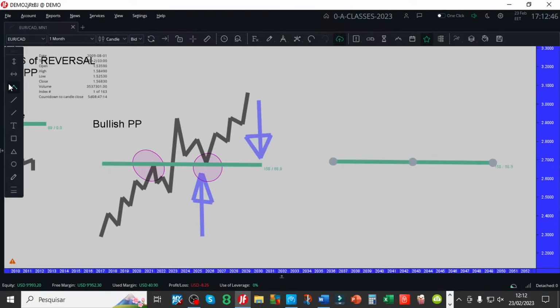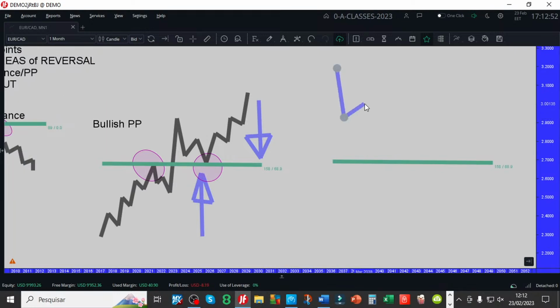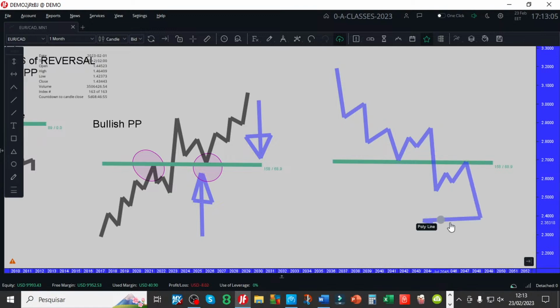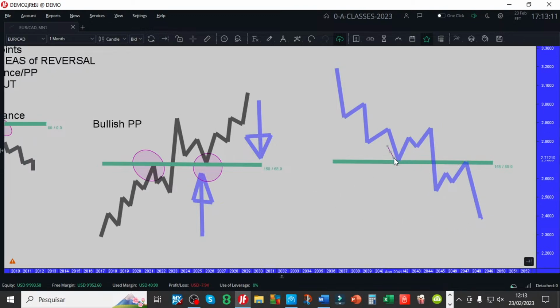Okay, now what is a bearish pivot point? It's the same but in the opposite direction, right? So lower lows, lower highs, lower lows, lower highs, it's going to hit the floor, is going to break through, and then it's going to hit one more time and then it's going to go down. Okay, now this would be a bearish pivot point.